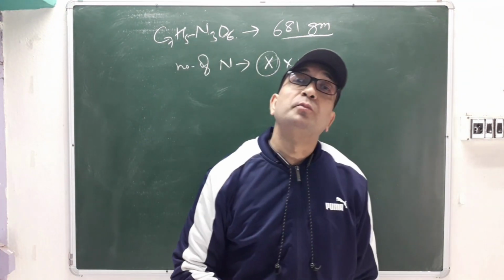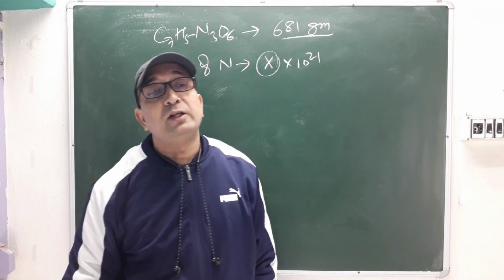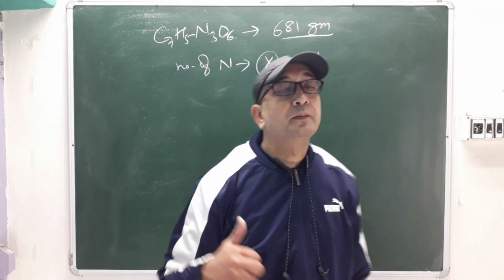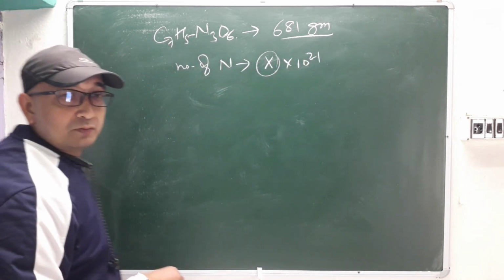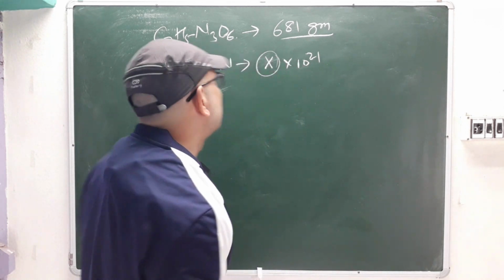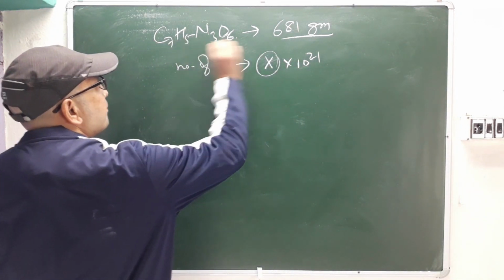You have to find out the moles, how many moles are there. So how are you going to find out the moles? The molecular formula of this compound you should know. Have they given the molecular weight of this compound? No, you have to find it out. This is the given weight.